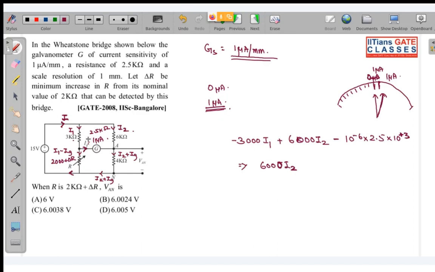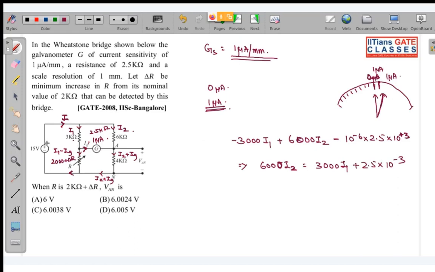Where are we getting stuck, this is the question. Six thousand I2 is equal to 3000 I1 plus 2.5 into 10 to the power minus 3. Fine. So this will be one equation.